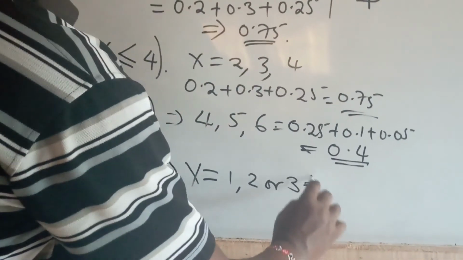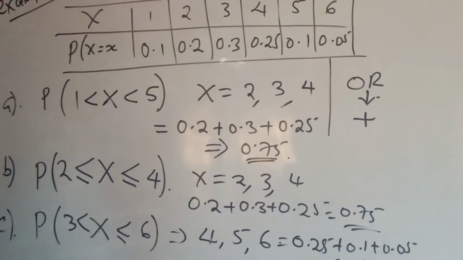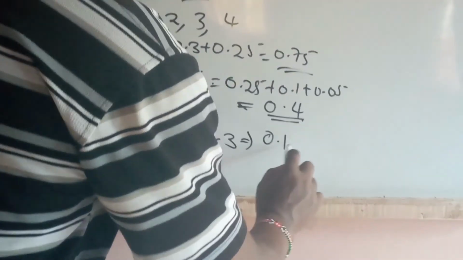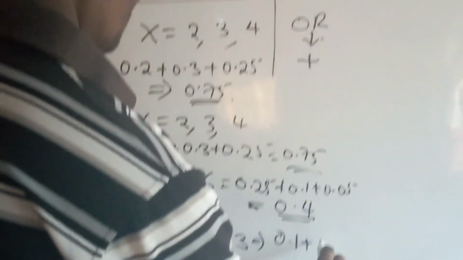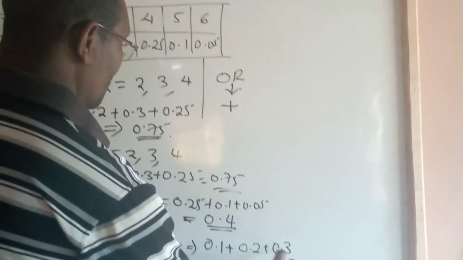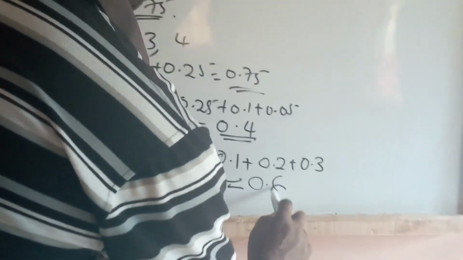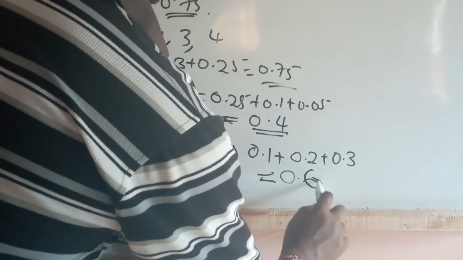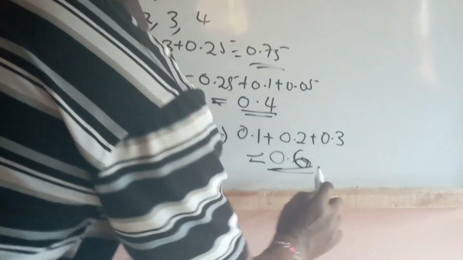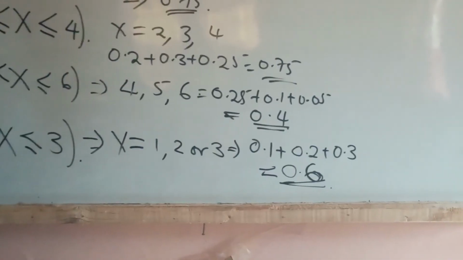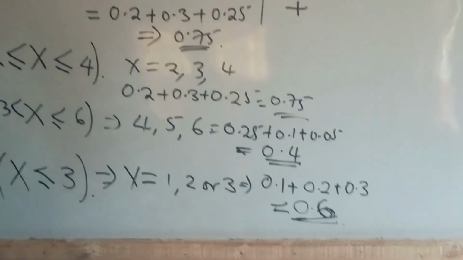And this one takes us to the probabilities. We have 0.1 plus 0.2 plus 0.3, which gives us entirely 0.6. And that is just how we can solve that question.